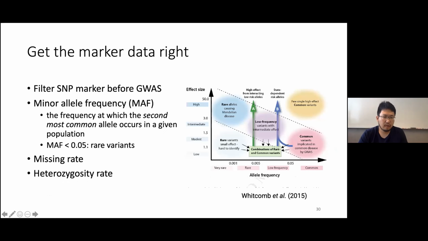So let's talk about the filtering of the markers. We were talking about minor allele frequencies. This figure shows that in many traits, and this is from a human disease example, the rare alleles, the markers with very low minor allele frequencies, usually have higher effect size.